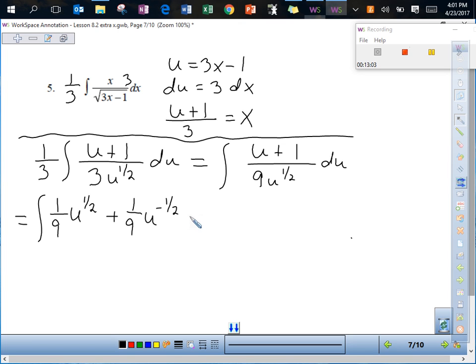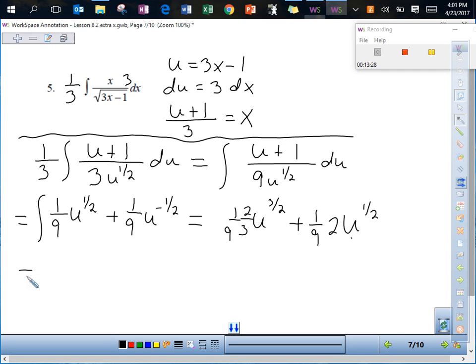Now let's go get our antiderivative. So I'm going to add 1, so I'm up to a 3/2. I'm going to offset it with the 2/3, and I've got a 1/9, plus, add 1, I'm at a 1/2. I've got a 2, and I've still got that original 1/9.